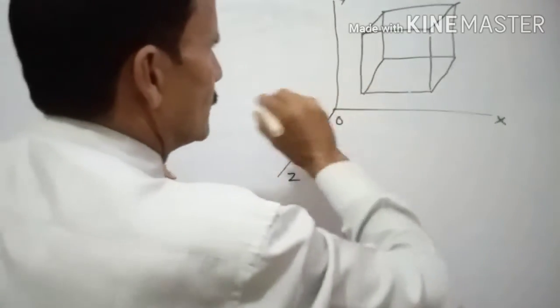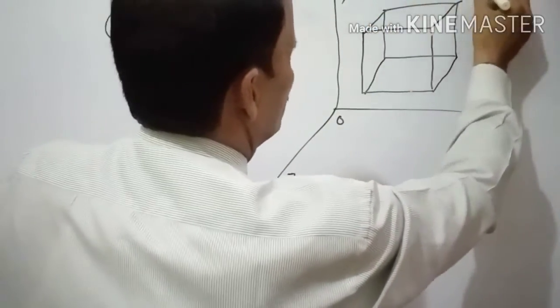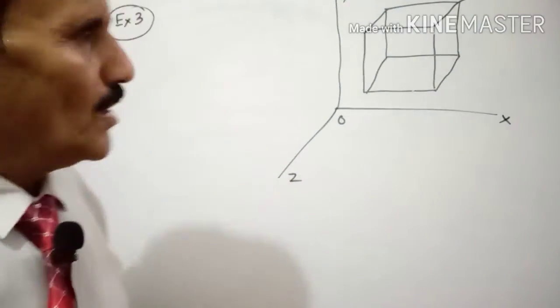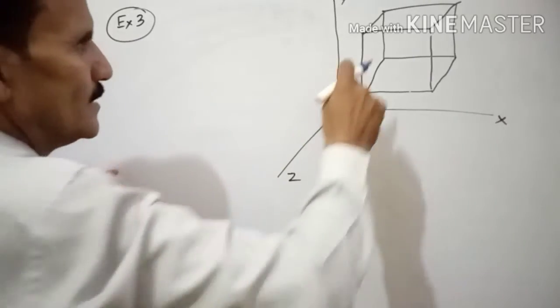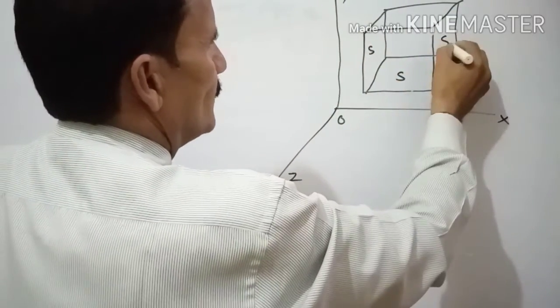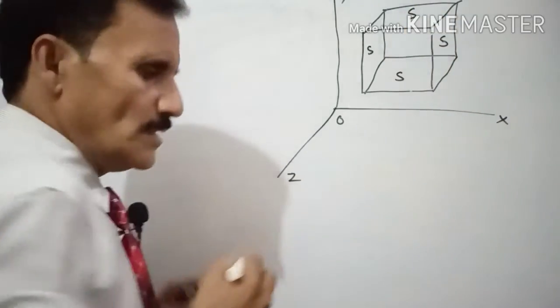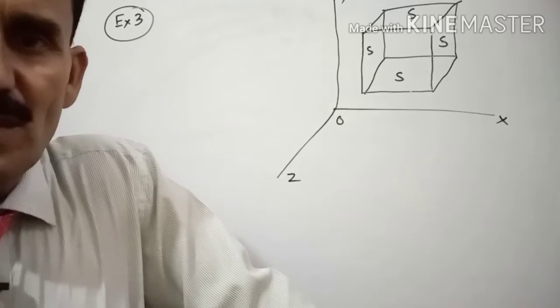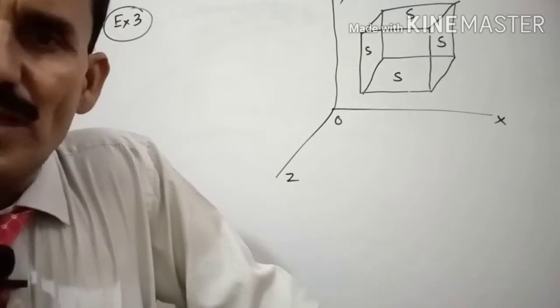So suppose again the electric field is E, which is parallel to the x-axis, and all the surfaces will have the same area because it is a cube, and it will have how many surfaces? 6 closed surfaces.